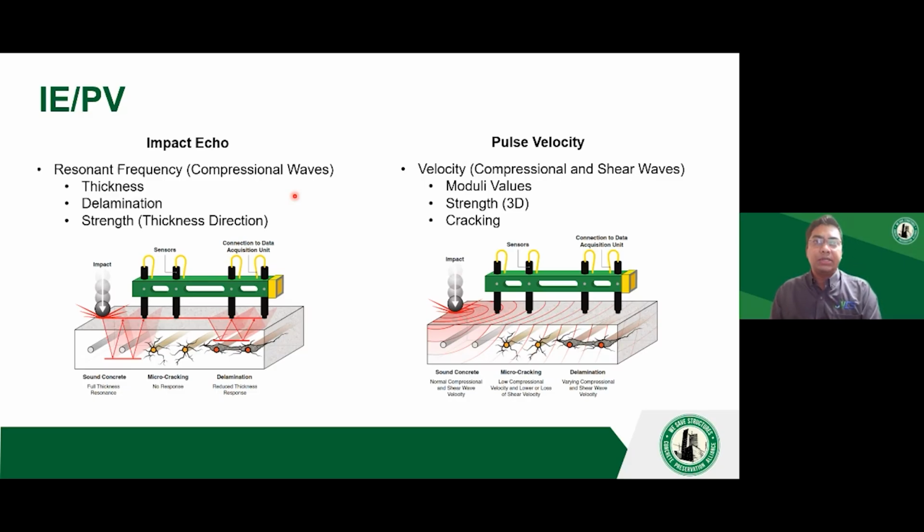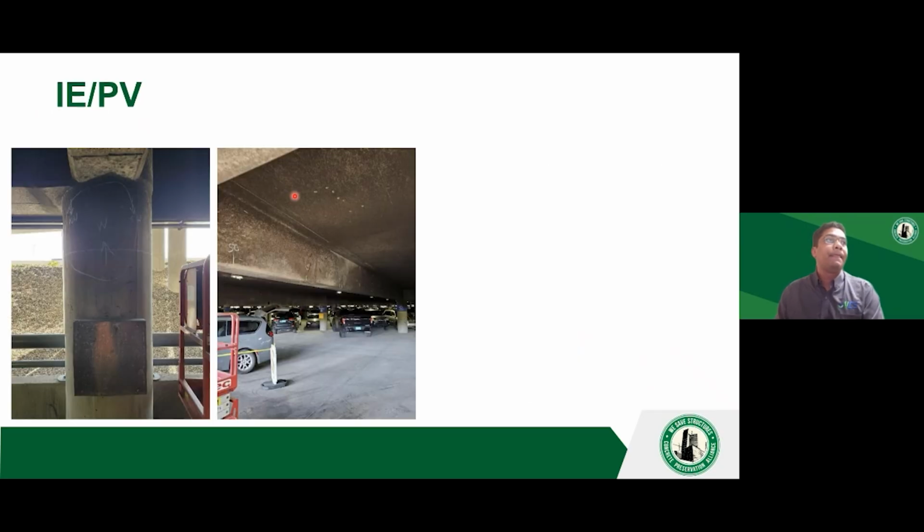For newer structures, the correlation between impact echo and the cylinder break test can be as good as 92 to 95%, whereas for older structures, those correlations drop down to, let's say, 85 to 87%. And in most cases, we have come across the compressive strength as close as 50 psi. So these techniques are really accurate in assessing the strength.